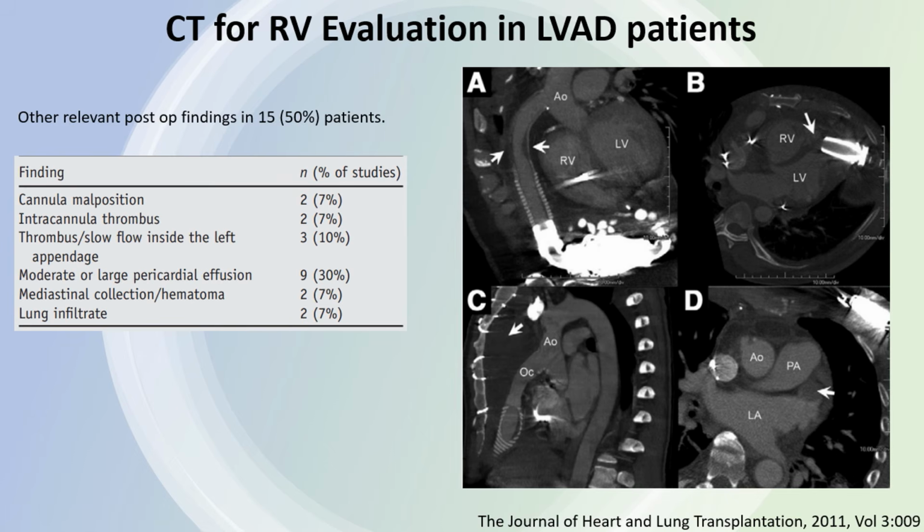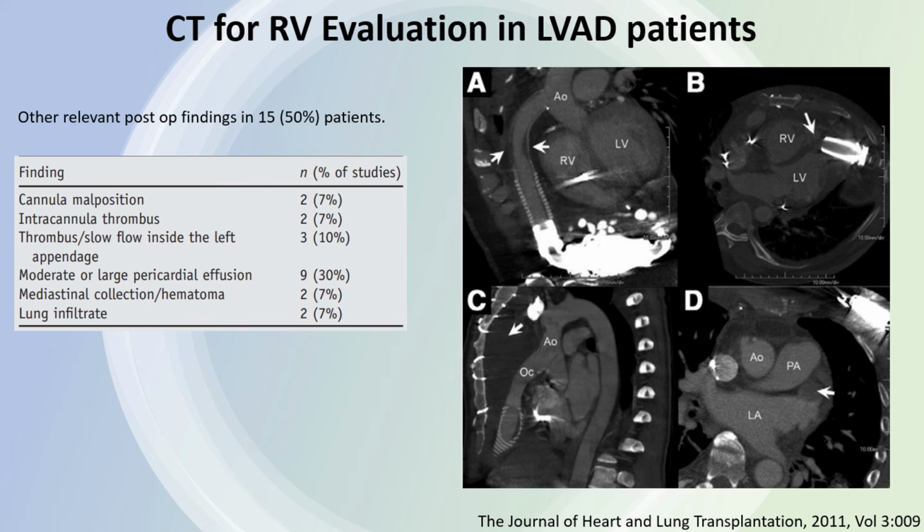In addition, CT can give you other useful information in LVAD patients because it can pick up other pathologies. So in half of their patients, they picked up other findings, such as cannula malposition, intracannula thrombus, thrombus in the left atrial appendage, pericardial effusion, and hematoma.